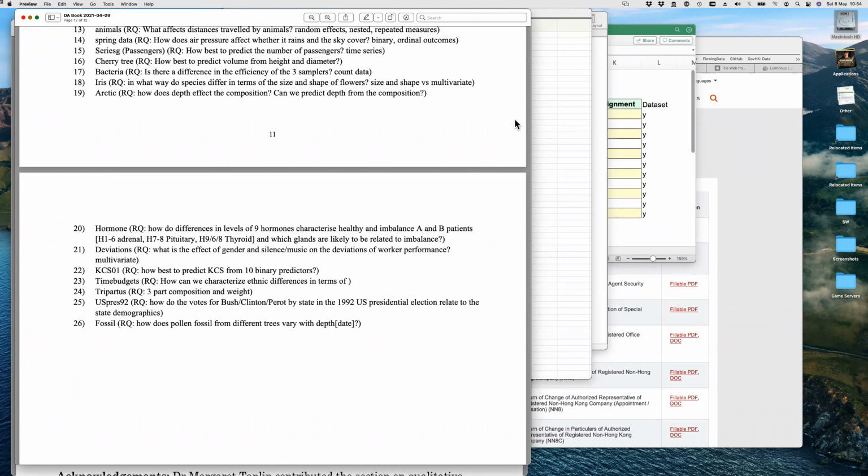Is it Cl or Ci? I can't see clearly here. But the point is that these are components which add up to 100.